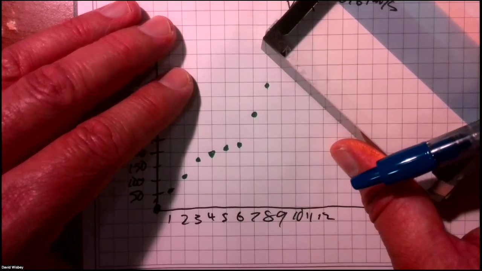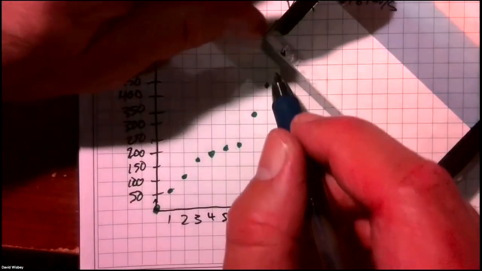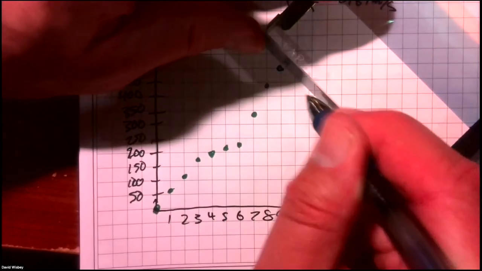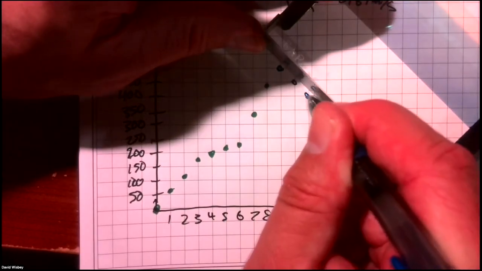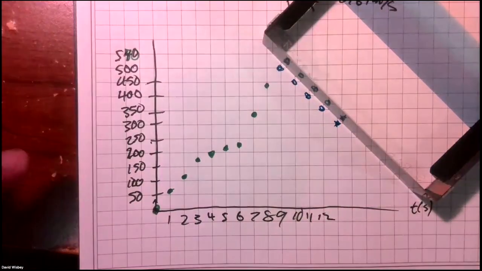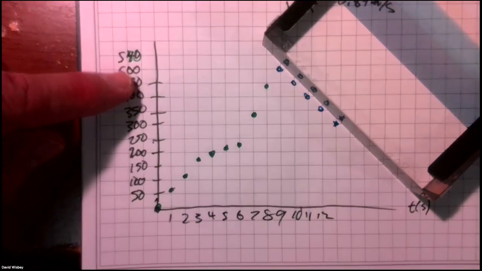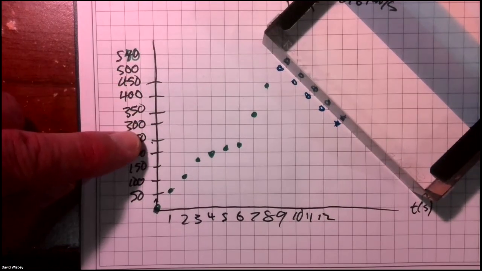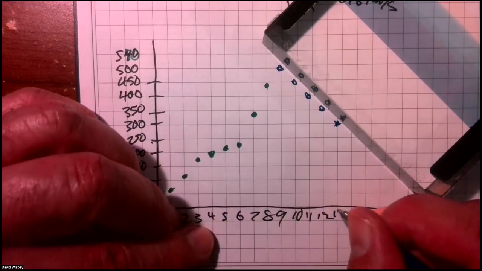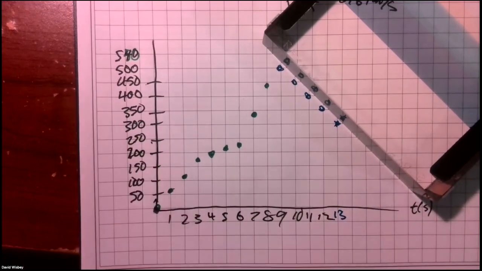So let's say on this one I take some measurements, and now what happens next is my particle is decreasing like this. So the position is decreasing. It's going towards negative, and then over here, this is 13. So this has a negative slope.